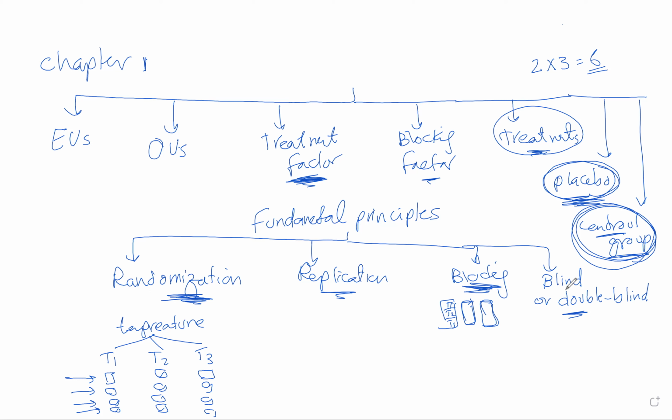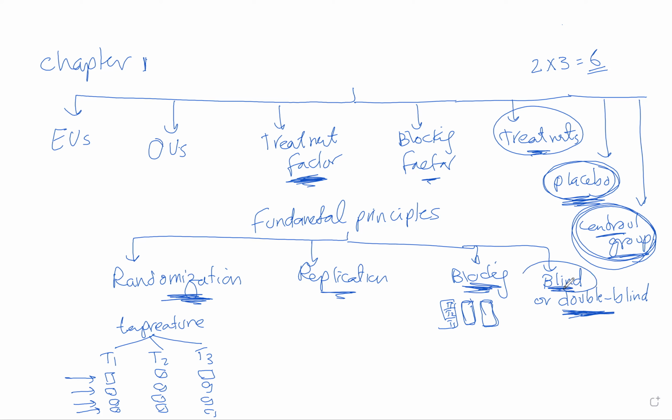This is blind. Double blind means the participant doesn't know which treatment they received, and also the researcher doesn't know who received which treatment. Someone else will do the assignment, they randomly assign. So sometimes this experiment is blind, sometimes double blind.